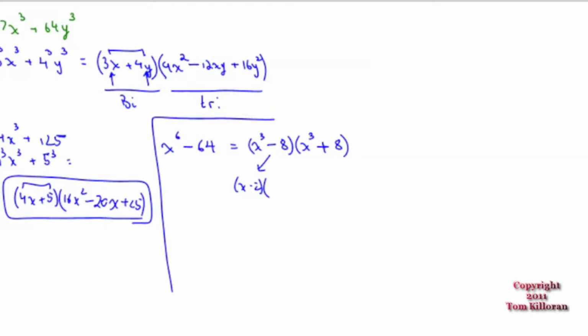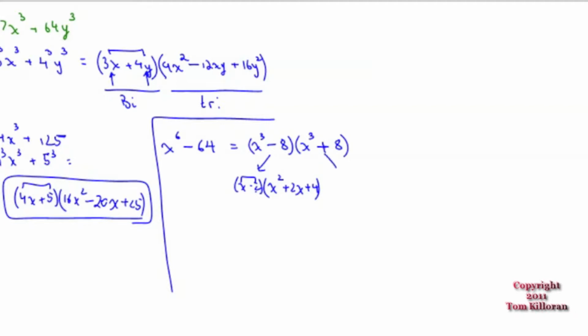X squared, the first term squared, plus 2x. You've got to multiply those two together. And then finally, plus 4. So it would be x minus 2, x squared plus 2x plus 4.